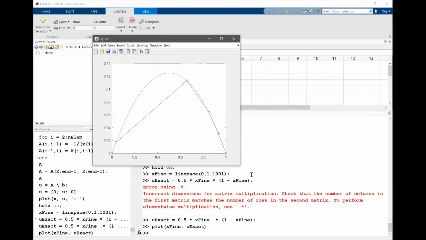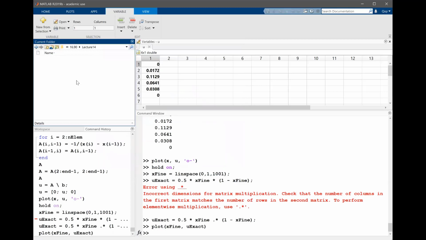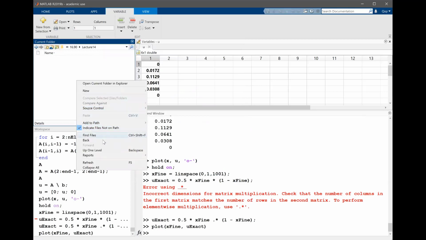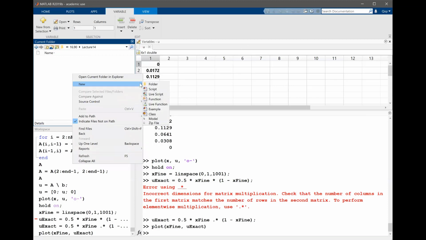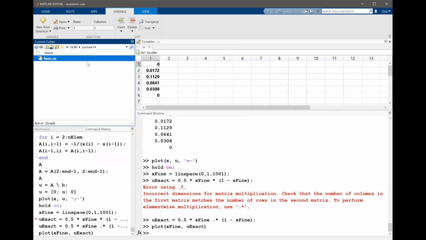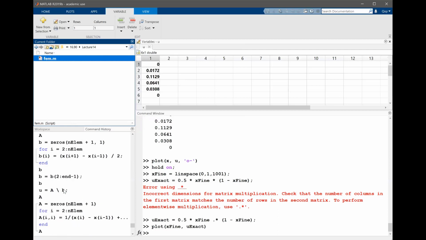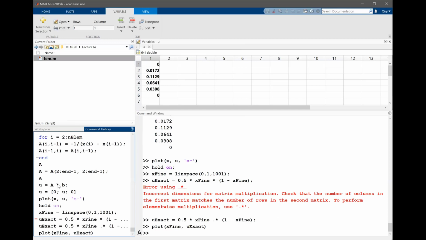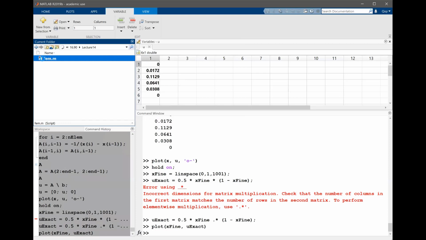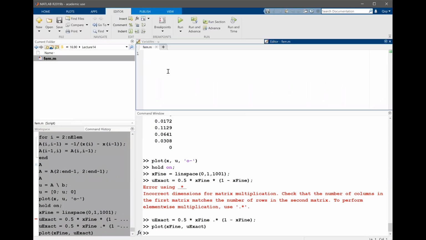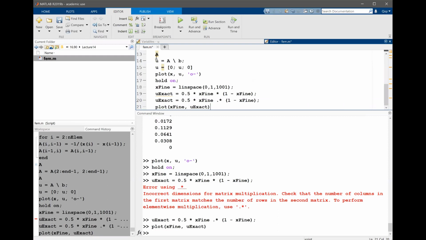Okay, so let's refine the elements a little bit. Let me add a script to capture the history. So let's see, FEM, and where is my A? Let me copy everything to here and paste it here.